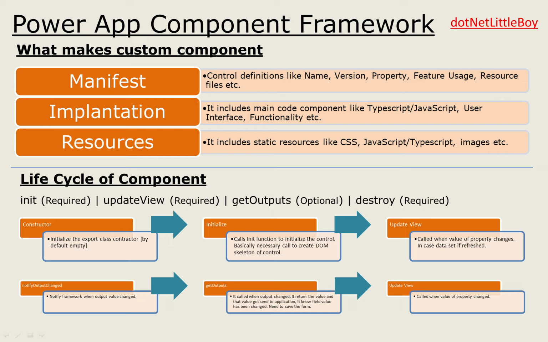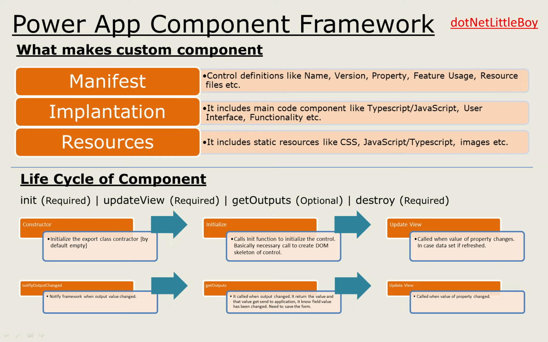So this life cycle is like this: when we first load, the constructor will be called. This is the empty constructor. It will initialize the class of the component, and then it will call this initialize function, and that will initialize the DOM skeleton of the control here, and then it will call the property change value to set the data if it is refreshed.